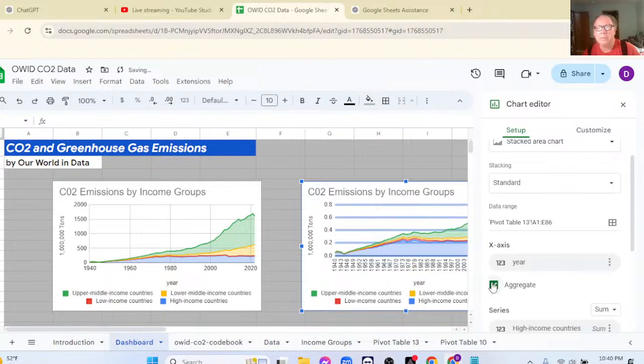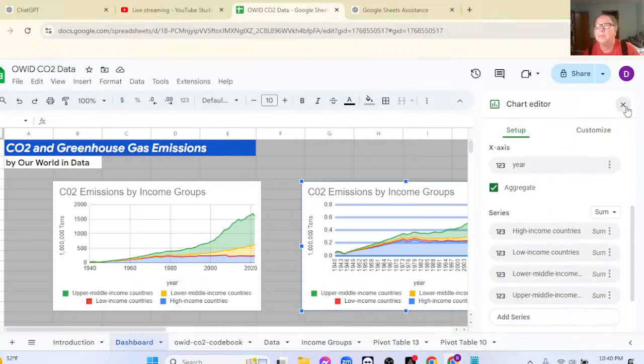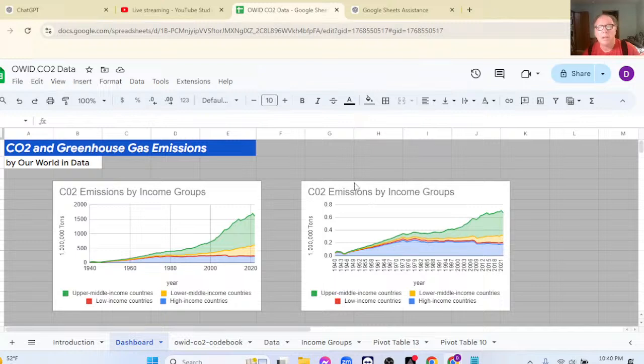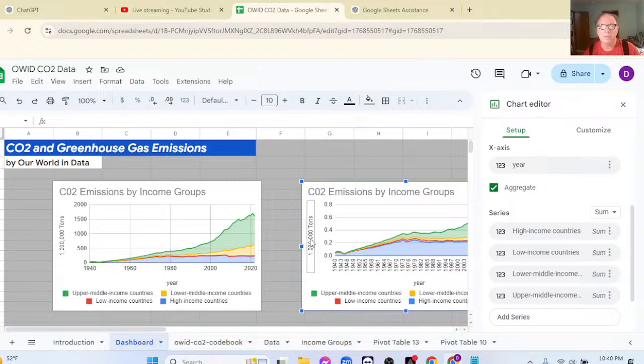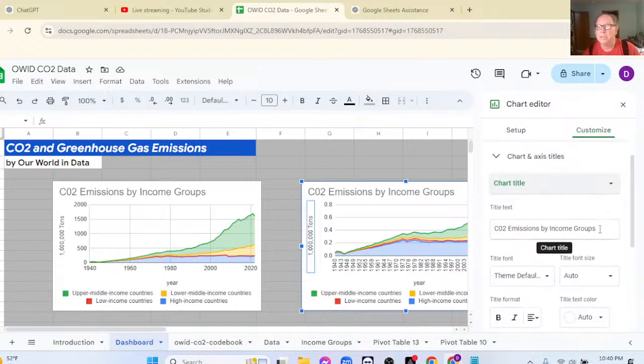There we go. Much better. All right. So that worked quite nicely. You know, this accomplished two things. First of all, charts, let's see, emissions per capita, right? And this isn't tons anymore.